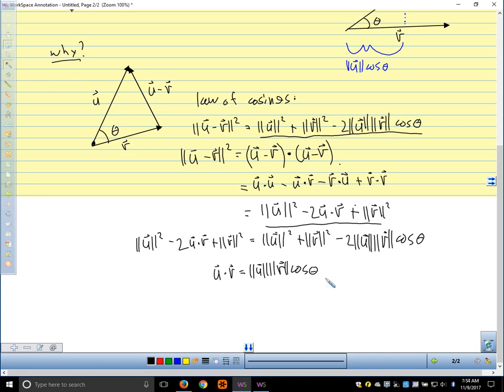Really, the gist of this is the dot product tells us geometrically something about the relationship between those vectors: how much of one vector is in the direction of the other vector, and we multiply those quantities together. It also gives us some information about the magnitude of that relationship.